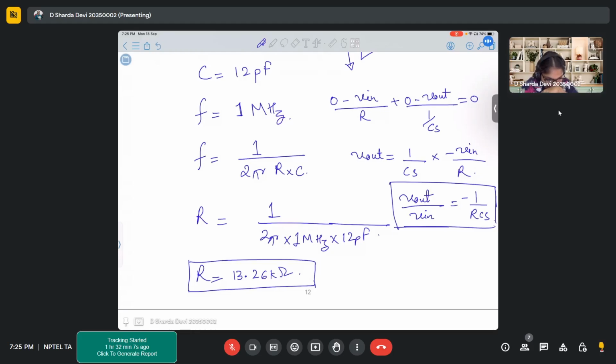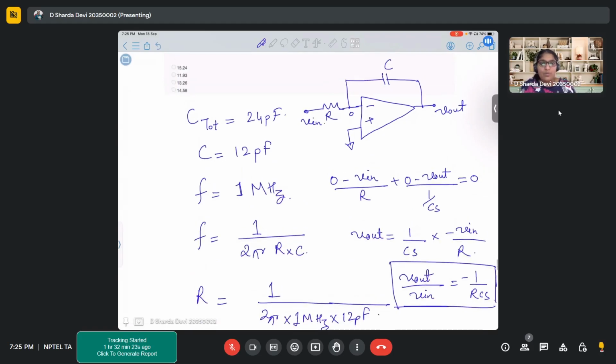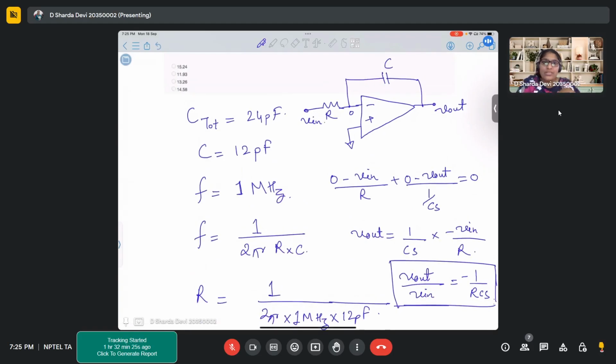For this transfer function, if you observe very carefully, for oscillating frequency, the overall gain of your system should be 1, and the phase should be 360 degrees for oscillation.